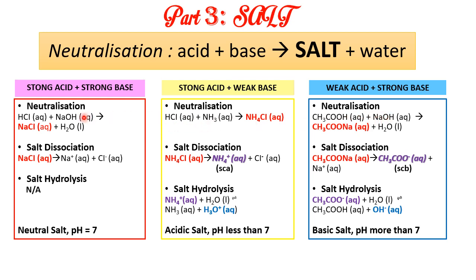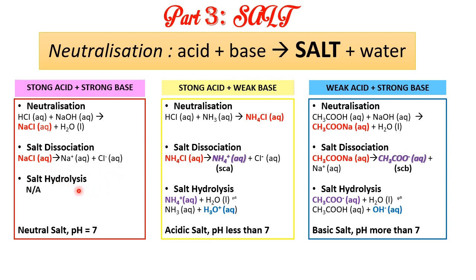Because based on the first equation, once you identify it, it can help you identify what happens in the salt dissociation. Because salt dissociates, and then the third one is salt hydrolysis.